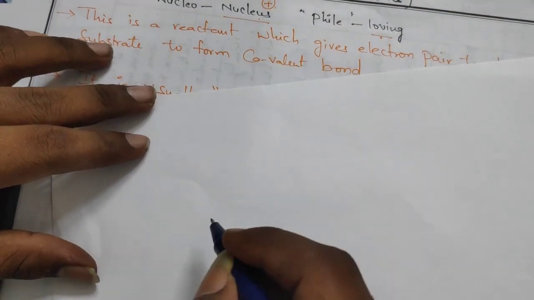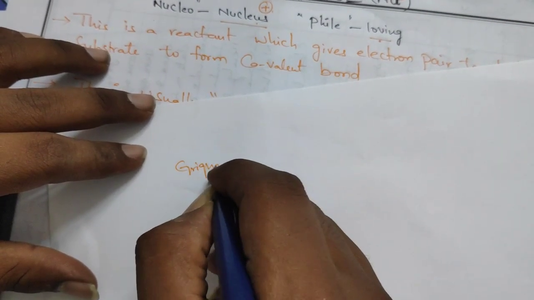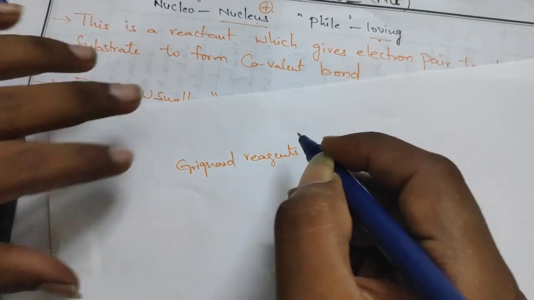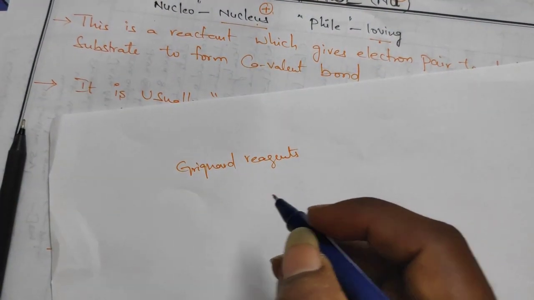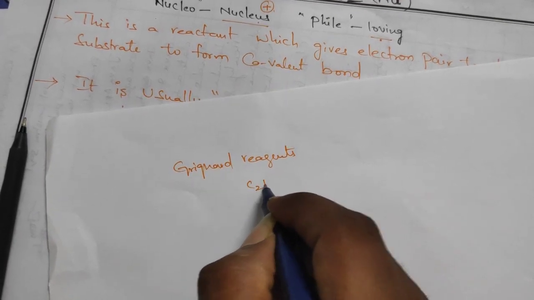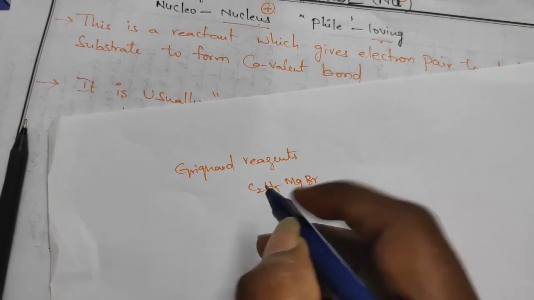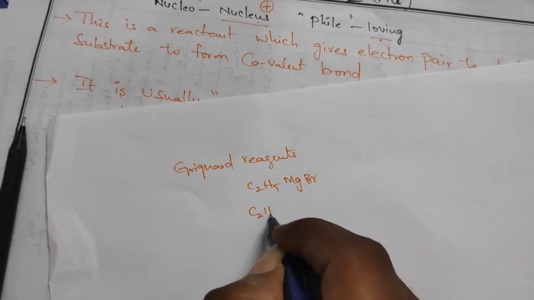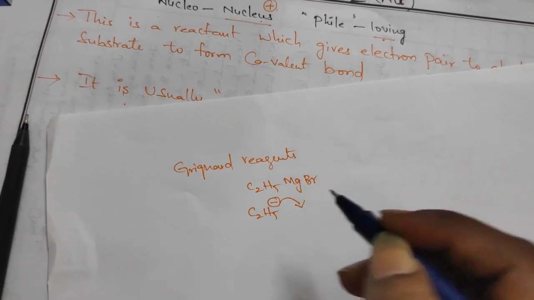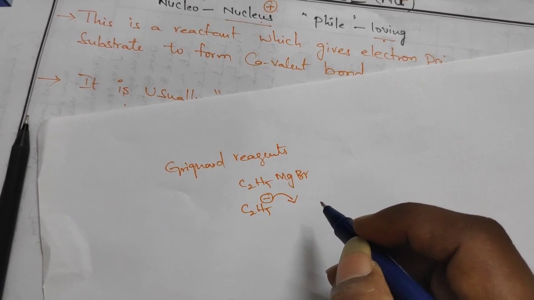Another example is Grignard reactions. In Grignard reactions, the ethyl part is the nucleophile. This gives the electron pair to the electron poor substrate.